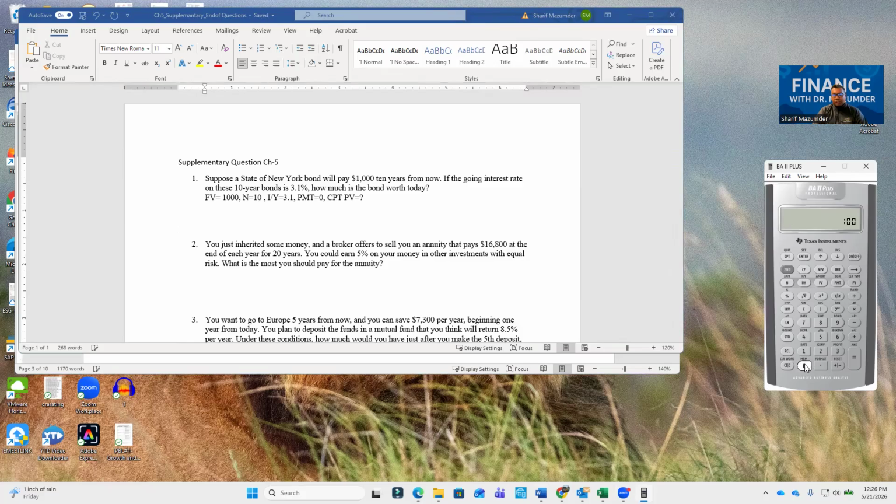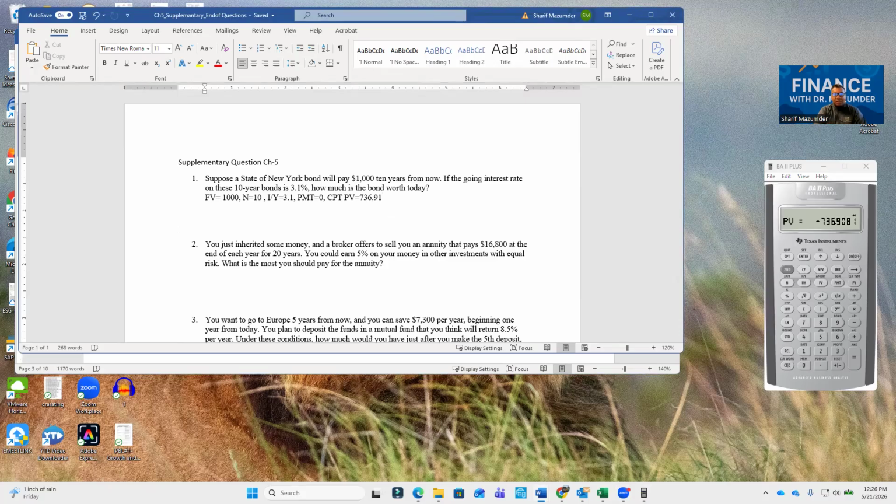So 1000 is our future value. 10 N. 3.1 I/Y. 0 payment. Compute present value, which is 736.91. Okay, so this is called present value without any interim payments.